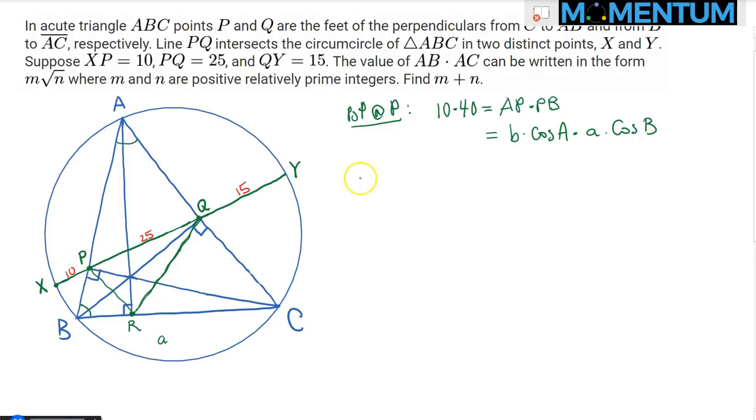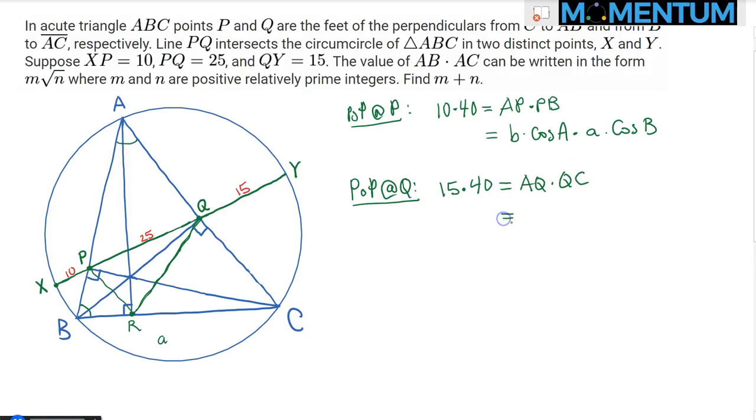And we'll do pretty much the same thing for the point Q, so using power of the point Q, that would be 15 times 40 equals AQ times QC.